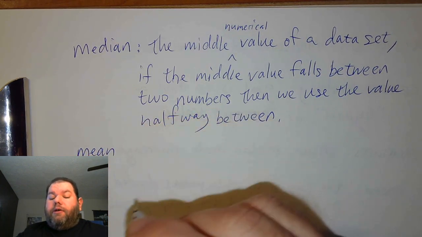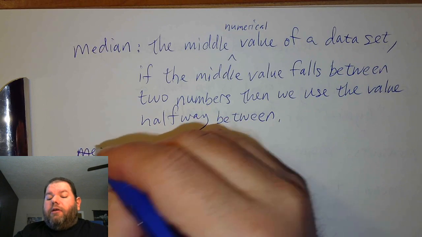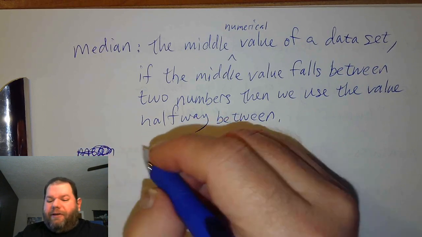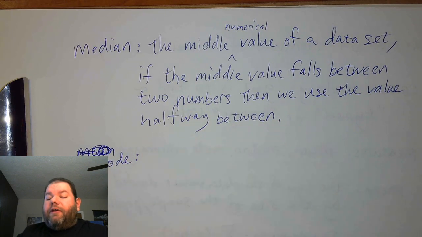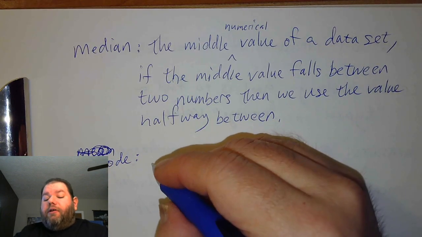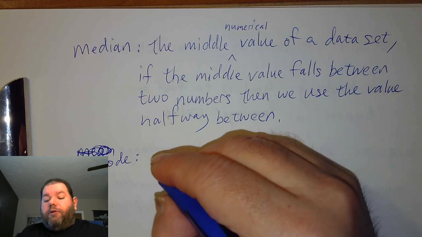The mean, not the mean, the mode. I already talked about the mean, sorry. I knew what I wanted was 4 letters and I said the wrong thing. The mode is the data value that occurs most frequently.